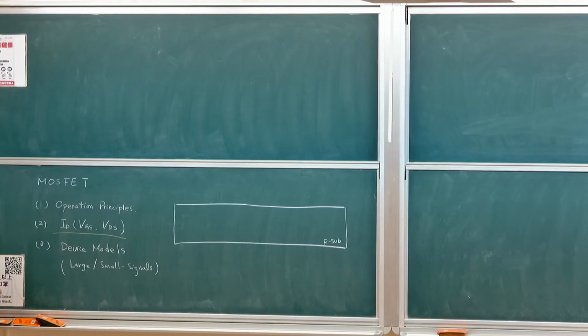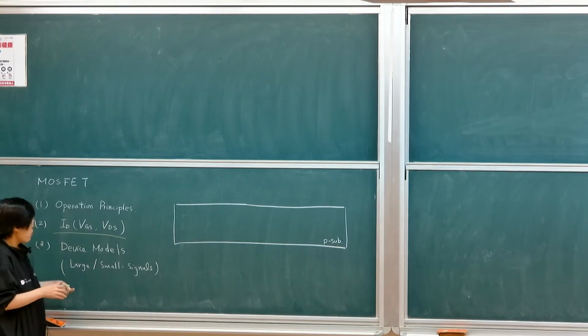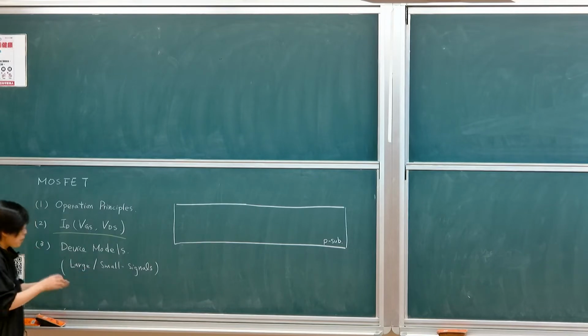In a MOSFET, it's the drain current. It's a simpler structure than the BJT because source current and drain current are, in most cases, equal. So any time you talk about drain current, it should be identical to source current. Then we're going to talk about device models, both large and small signal models.